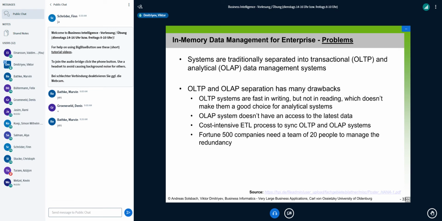So why would someone need an in-memory database? Say we have a classical distribution of tasks: we have a transactional system, we have analytical systems, we know how to combine them together, and we're happy. So why should you use an in-memory database? I already mentioned a couple of reasons previously.